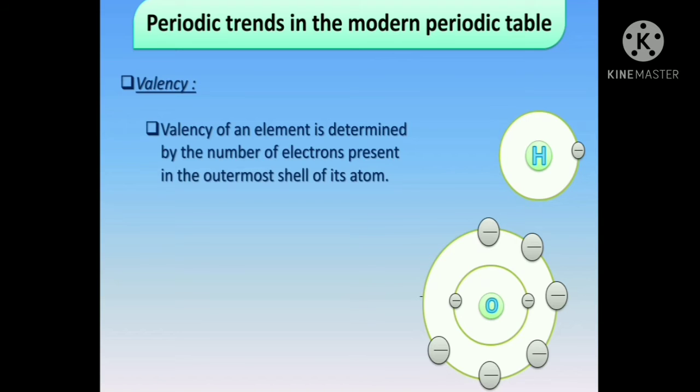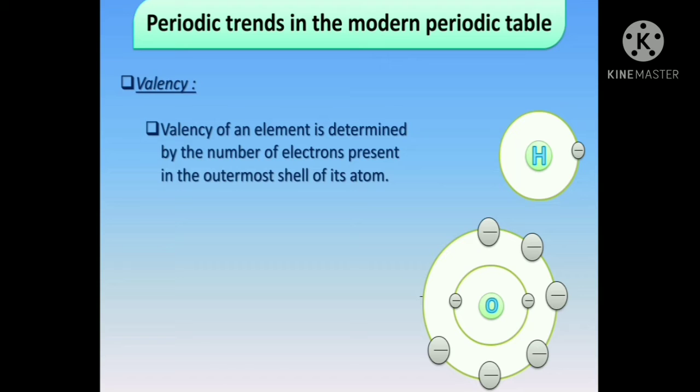Now here, as 6 are the electrons in the valence shell, oxygen needs either to lose 6 electrons and complete its duplet with 2 electrons, or it needs to gain 2 electrons and complete its octet, that is, complete 8 electrons in the valence shell.